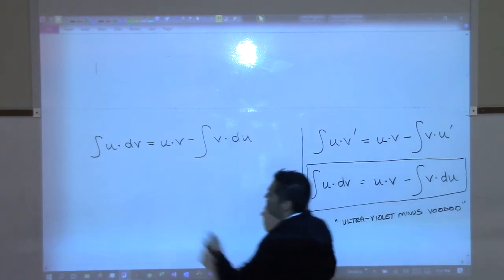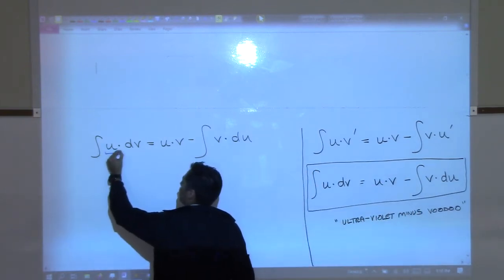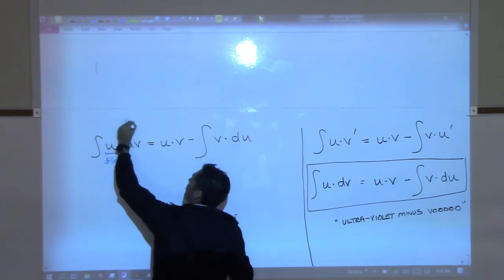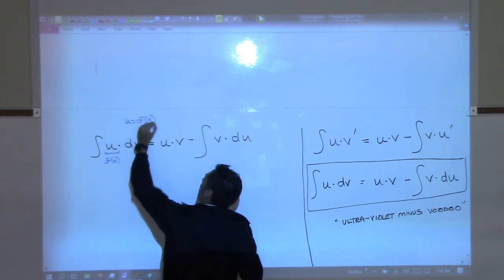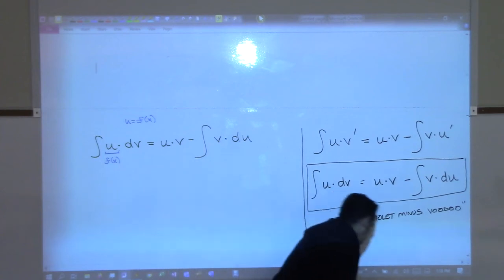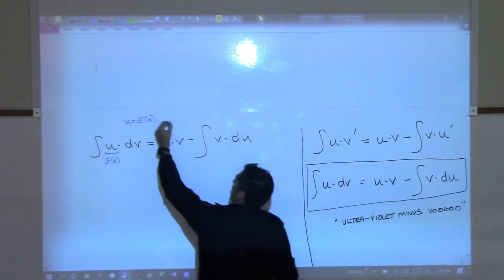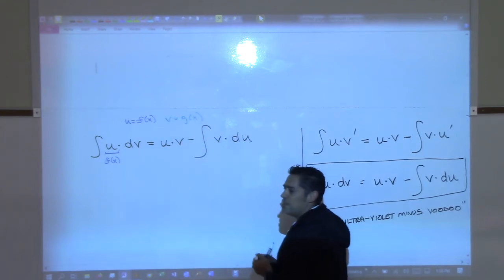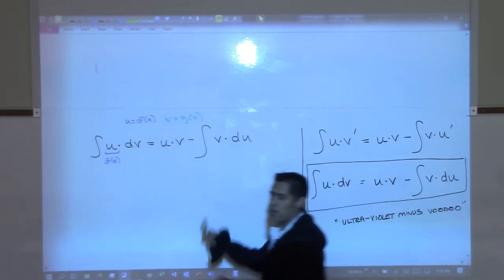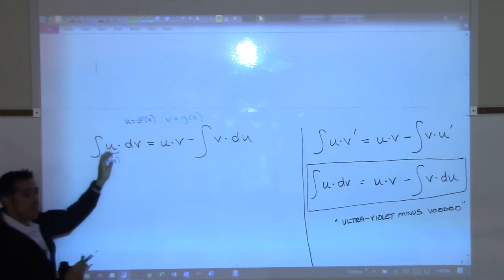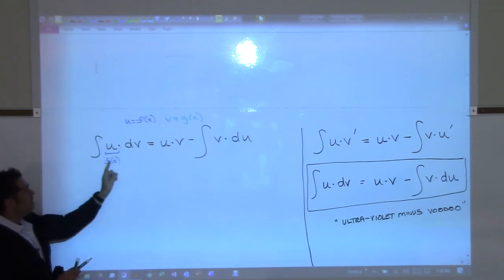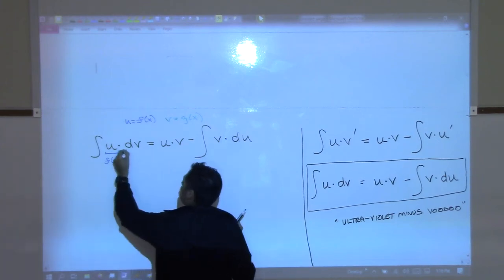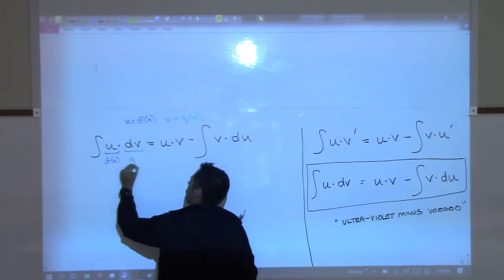If you start with this integral, here you have some function of x. Remember, u is f of x, and g was v, some function of x like this. So what this is saying is that if you start with an integral where you have some function of x times some other function of x, but it happens to be the derivative of something.